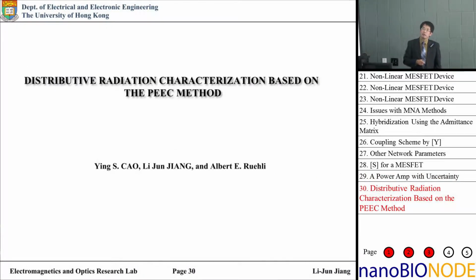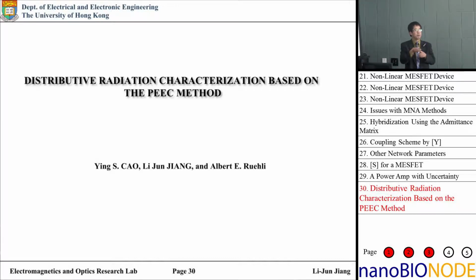And one last thing I want to talk about, which I actually added this morning on my way here. Recently we looked at EMC and SI/PI problems where there is coupling, and noise comes from point A to point B. I want to know how they are coupled, and which parts contribute a lot to this coupling.